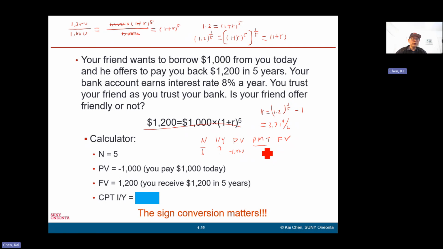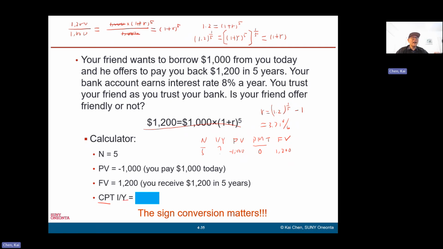Again, if you make sure that you have cleared the memory of the time value function, you can skip this key. If you're not sure, you'd better assign 0 to PMT. And then future value is 1,200, positive. After this, you click compute and then click I over Y. You can get the answer.